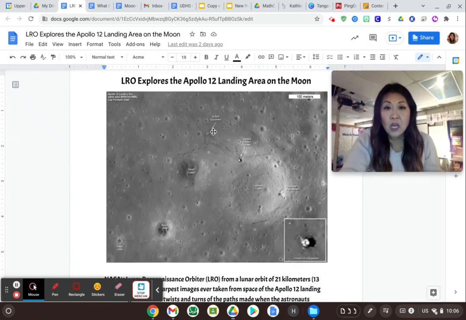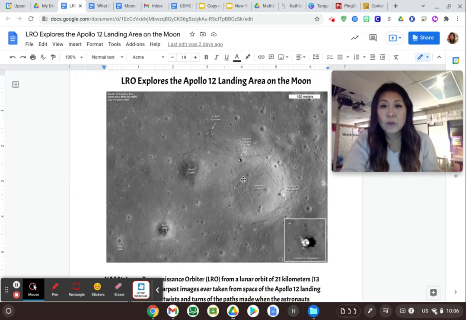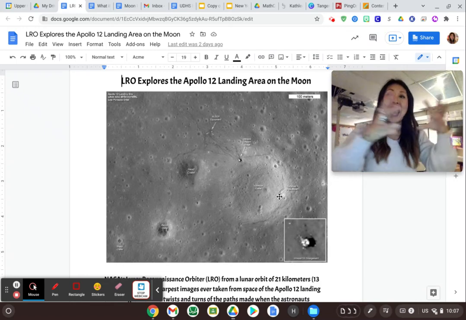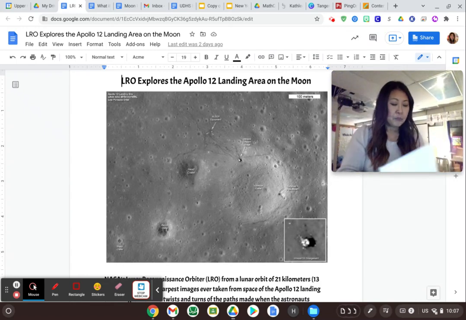So you have to take this path here, making sure you go around this crater, and then over to this spacecraft. You need to measure each part and add it up.